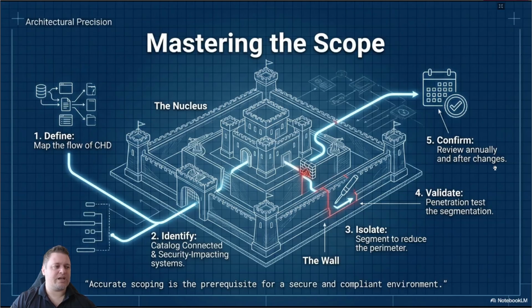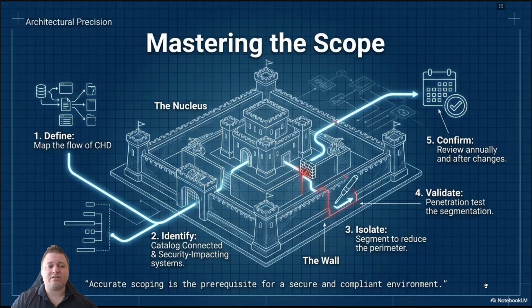Review annually and after changes. Granted, you have to document everything, do an annual review, do an annual pen test. But if you make any changes within that year, you have to do it again to that environment. So a lot of companies will now refrain from adding too many things.